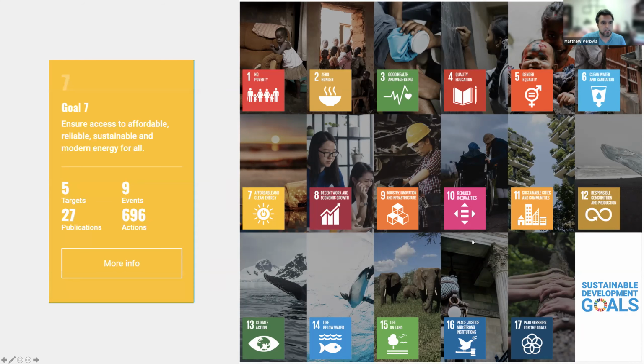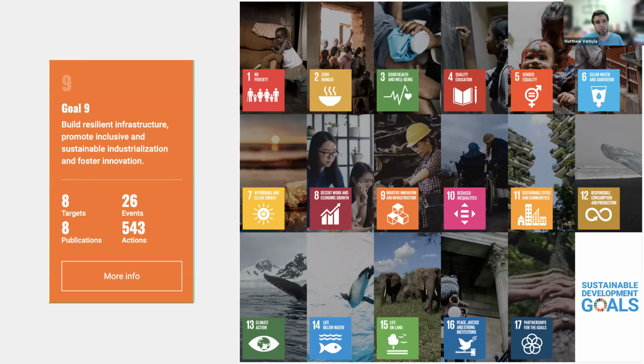Another goal that's consistent with environmental protection and finding solutions to environmental problems is goal number 7, ensuring access to affordable, reliable, sustainable, and modern energy for all. In this class, we're going to talk a lot about renewable energy compared with fossil fuels, and what are some of the drawbacks and advantages of different renewable energy sources when it comes to sustainable development.